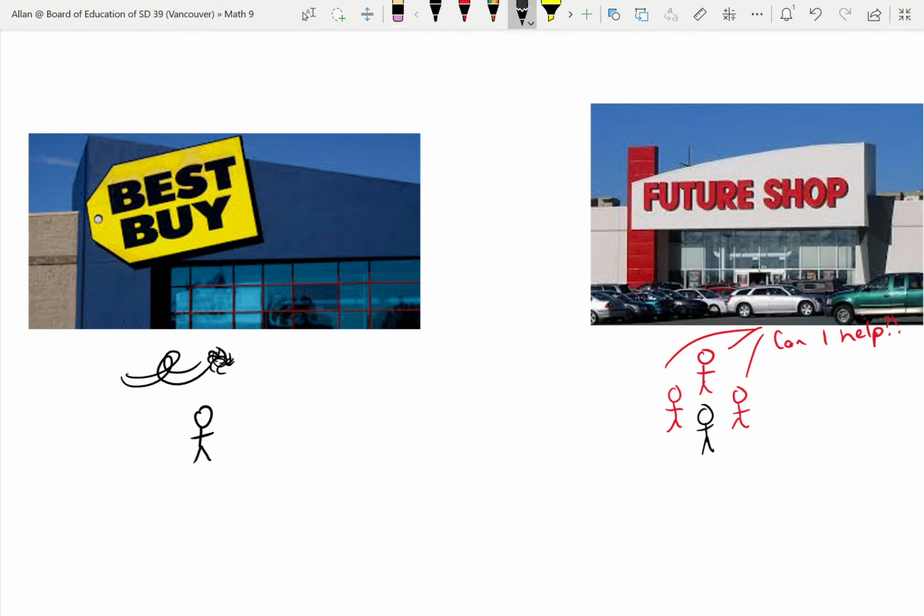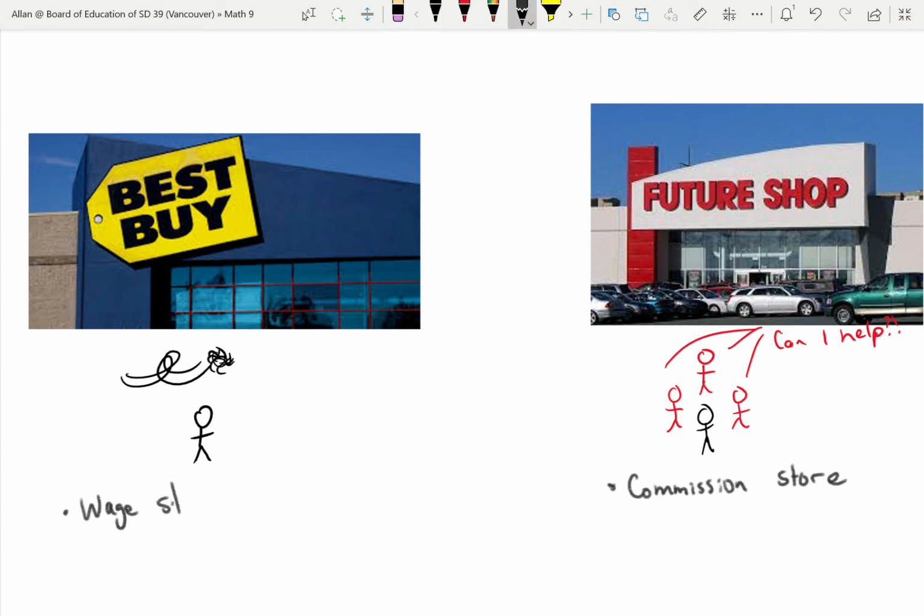Well, it's not the fact that Best Buy was run poorly, like it's not that it didn't have enough employees. The difference was Future Shop was a commission store. So they paid their employees on something called commission, and Best Buy is a wage store or a wage job.